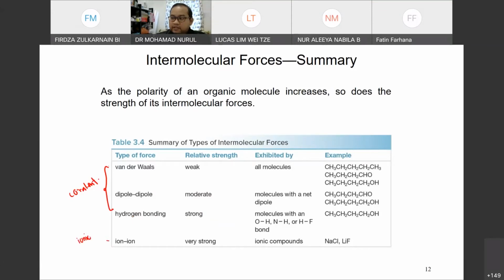The easiest examples are lithium chloride and sodium chloride. For hydrogen bonding, the molecules have oxygen, nitrogen, sometimes they use FON. Meanwhile, this one should have a net dipole, for example carbonyls. This one is more electronegative, this one is more electropositive, so they have a net dipole in this direction.